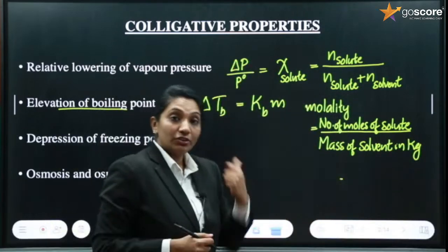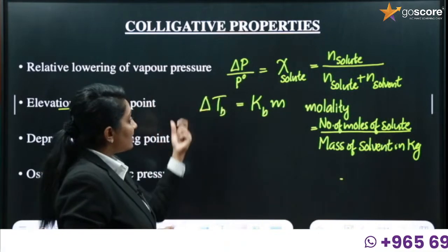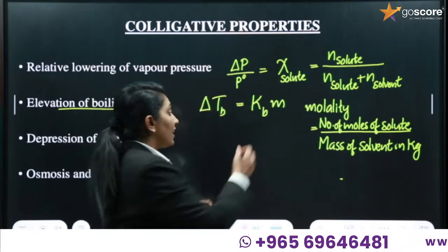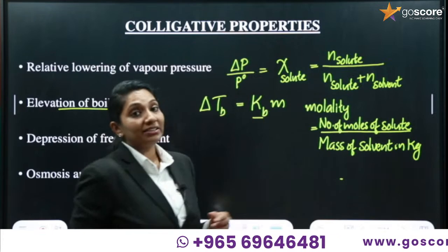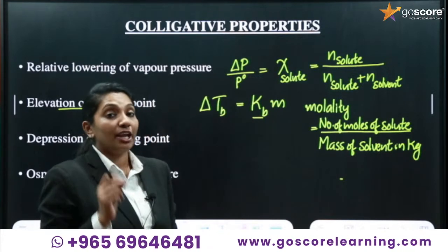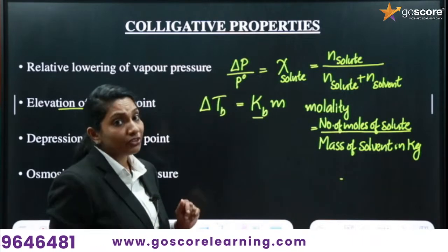That's how we will find the molality of the solution, and delta TB is equal to KB into m. What is this KB? KB is the molal elevation constant, also known as the ebullioscopic constant, right? And this value will be different for each solvent.